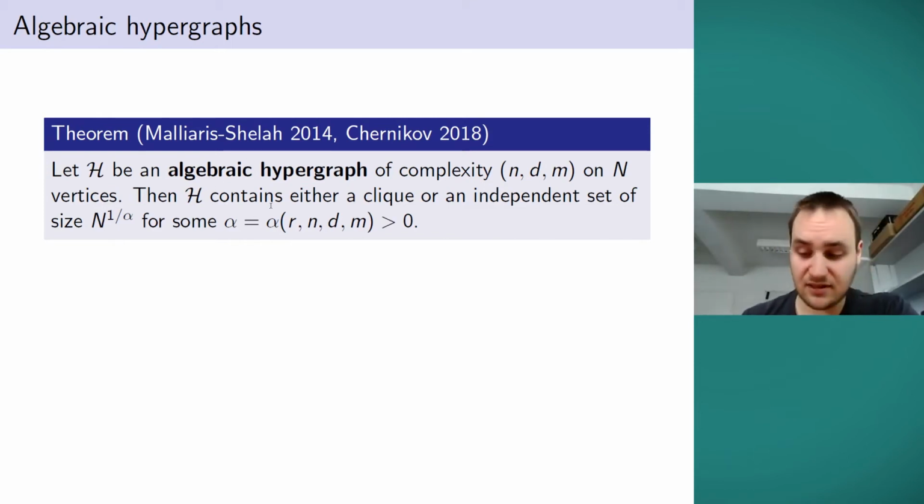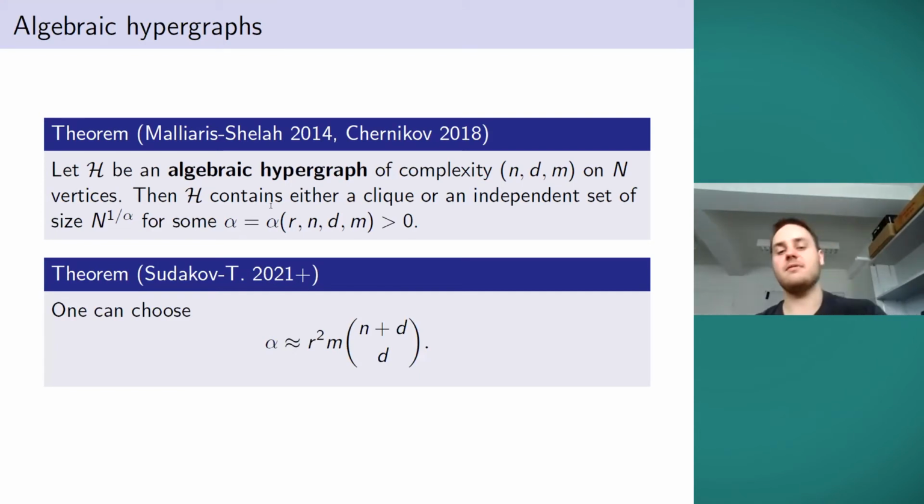But it turns out that one can choose this exponent to be a pretty reasonable function of the parameters. With some simple combinatorial techniques, we could show that one can choose alpha to be roughly r squared times (m+d choose d).